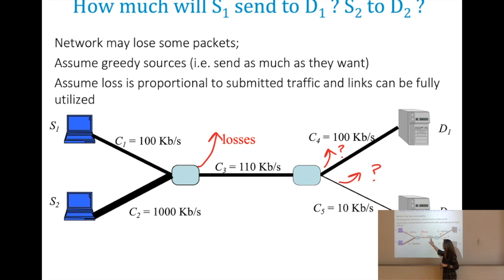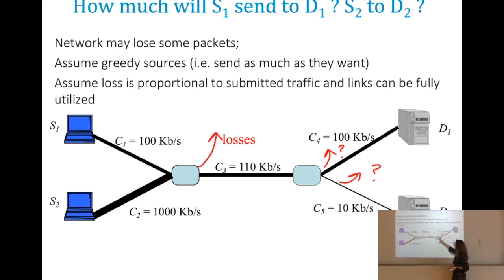So let's say that this link has 10% of the sent messages. If everything is done in a fair manner, we can say that it's 10% of the messages coming from S1 and 10% of the incoming messages from S2. So here, among these 110 kilobits, we have 10 that come from S1 and 100 that come from S2.